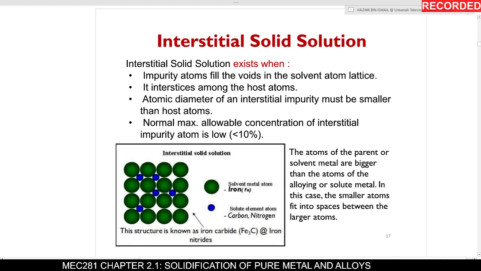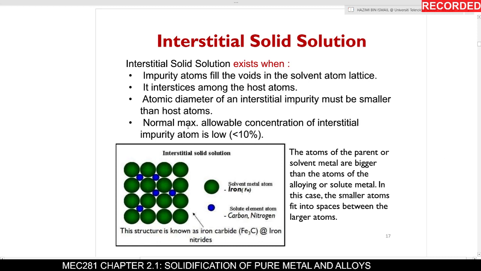Of course, it must be smaller because the solute atom only has to fill the void, so it must be very small compared to the atom of the solvent. The normal maximum allowable concentration of interstitial impurity atoms is low, below 10%.